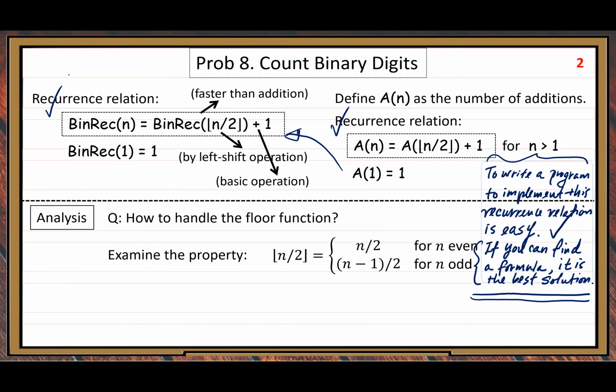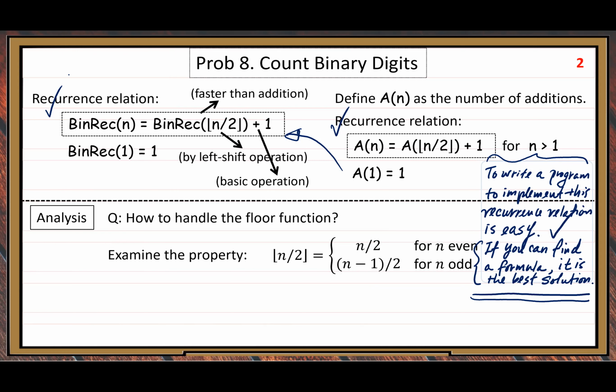When n is an even number, its value is n over 2, but when n is an odd number, it is (n minus 1) over 2. Okay, it's simple. We cannot call this expression hard.